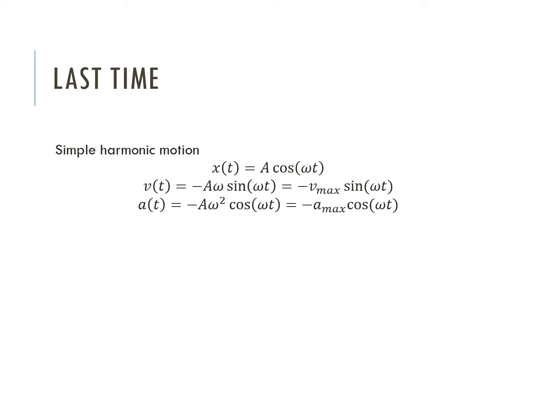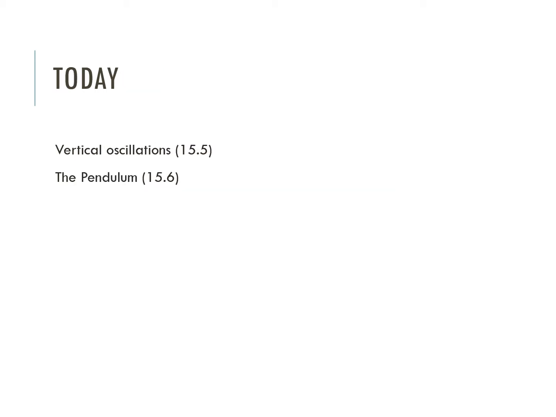But first, what we want to do is look at some more ways in which we can observe simple harmonic motion, because a box on a spring is not the only way. So in this first video, we are going to be looking at vertical oscillations. So instead of our box moving horizontally back and forth, we're now going to be moving up and down. And this is what the lab is going to look like this week, as we are going to be using a vertical oscillator.